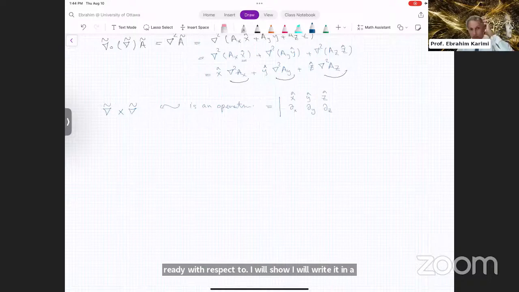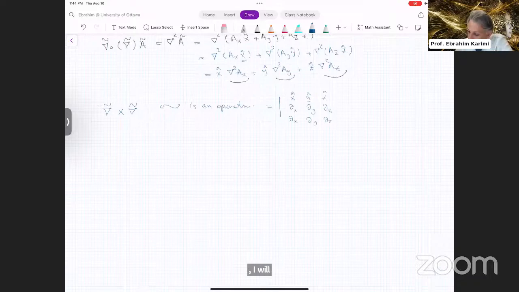I will write it in a short form, x, y, and z. Then let's do the expansion.